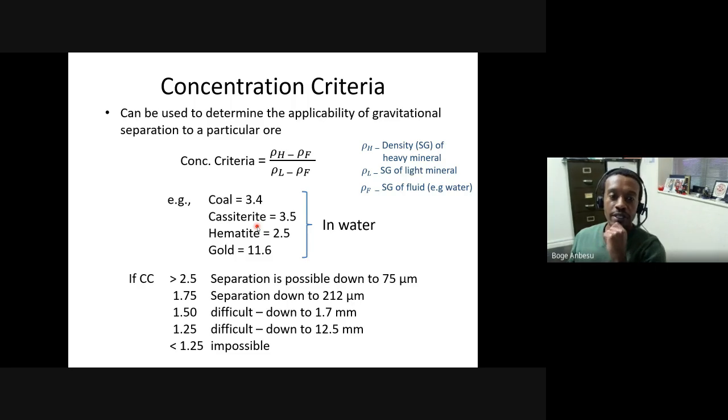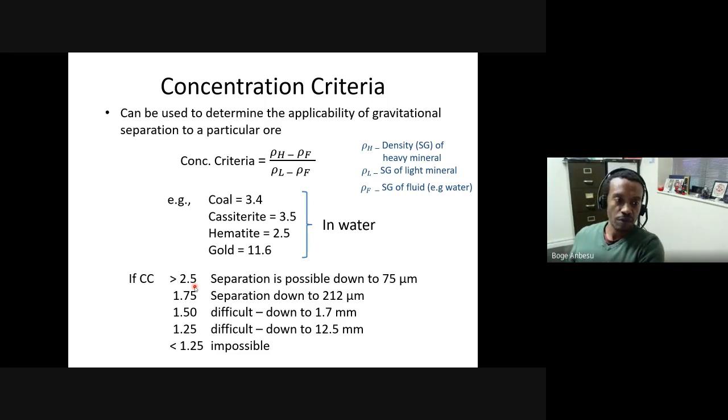And concentration criteria simply tells you whether separation is likely or separation is difficult, okay? Or maybe whether you need to consider a different method of separation. But in general, if the concentration criteria is more than 2.5, it says that gravity separation should be reasonably applied. Okay, so you should get a very good separation between the heavy and the light using a gravity separator.